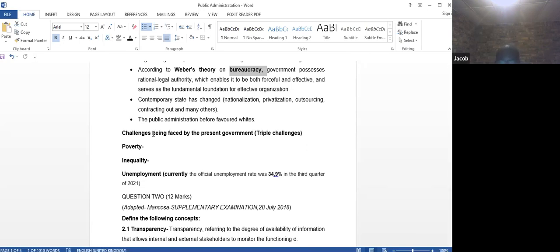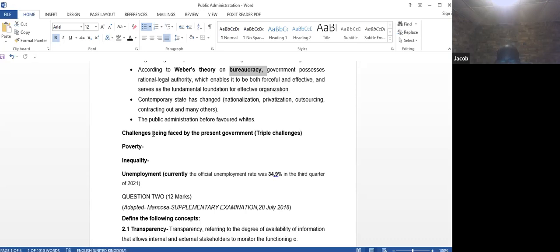Currently, the official unemployment rate in South Africa is 34.9%, a statistic that I took from the third quarter of 2021. But the South African government is still trying to change the status quo of public administration. They also crafted some policies, like the national development policies that have been designed.